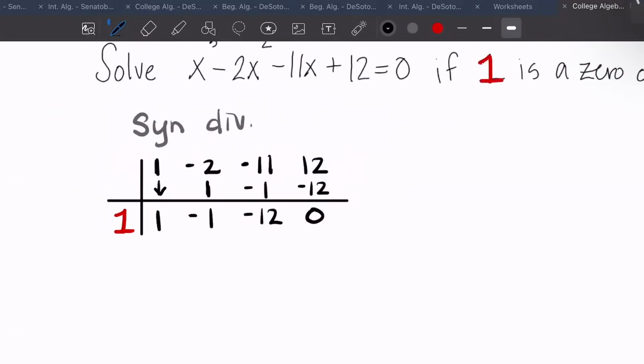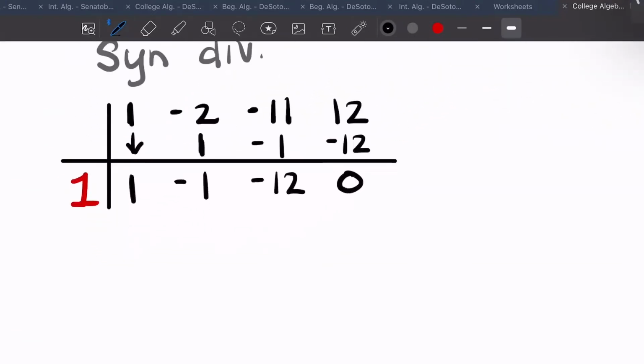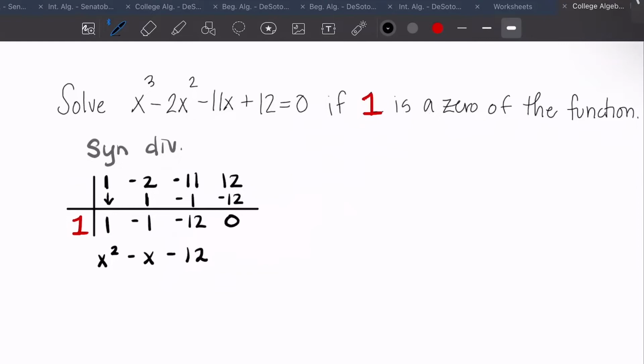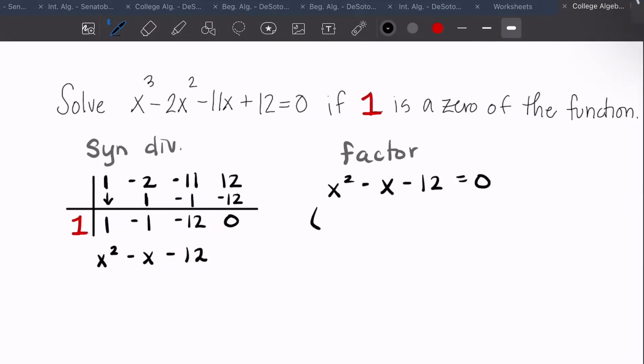You start 1 power less than what you're given. You are given cubes, so you're going to start with x squared minus x minus 12. Then you're going to factor that new polynomial that you just got. x squared minus x minus 12 equals 0. That's an easy trinomial.